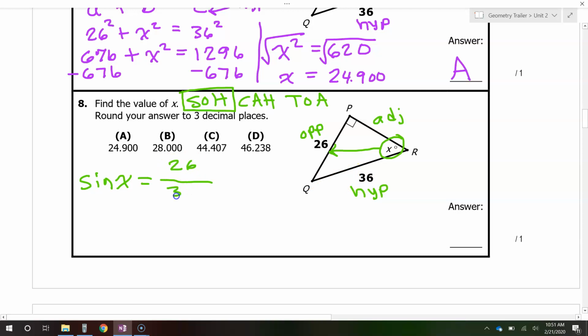As I mentioned a moment ago, when the variable is inside the trig function, this is when you inverse. So I will do inverse sine of 26 over 36. And that will give me the answer.